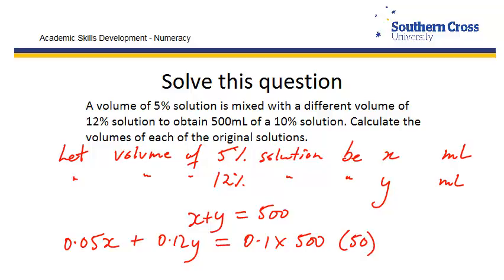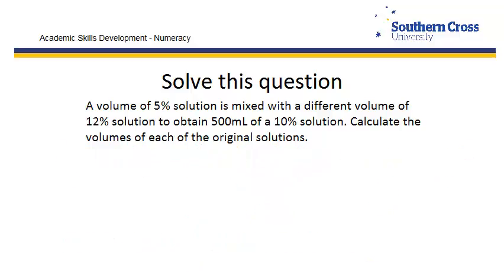So there are two equations we're going to work with, and I'm just going to change to another slide to solve this, and I think the best way to do this one is by algebra. So our two equations, we start off with 0.05x plus 0.12y is equal to 50. And what I'm going to do is times that by 20.